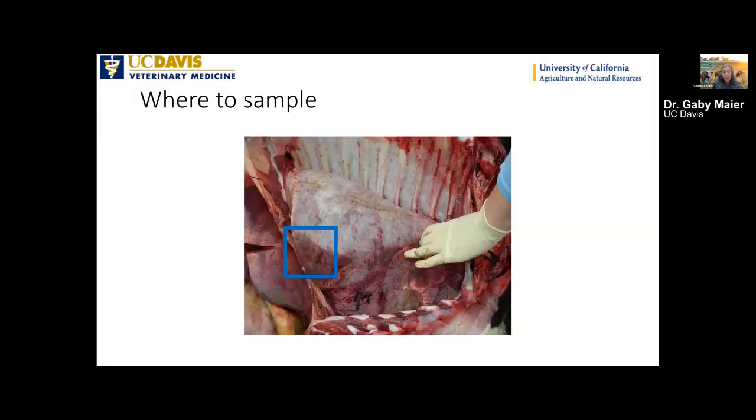It's also important, when you open up the carcass and see something that looks abnormal, where you sample. So this blue square here shows the area between the lung. This is a lung. The upper part is kind of what a normal lung would look like. And this lower part that looks all reddish, that is abnormal. That is consolidated lung. That's a pneumonia.